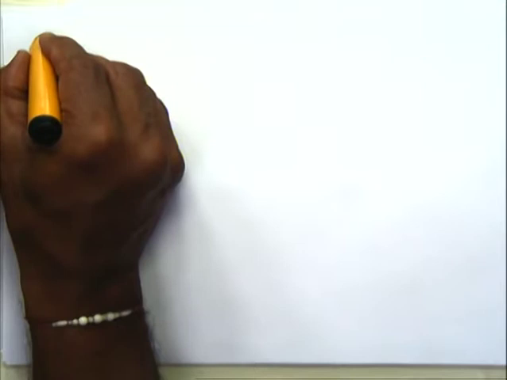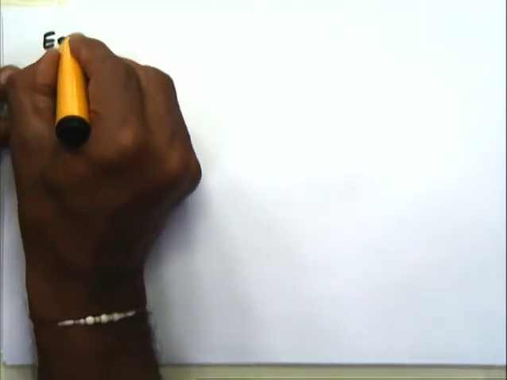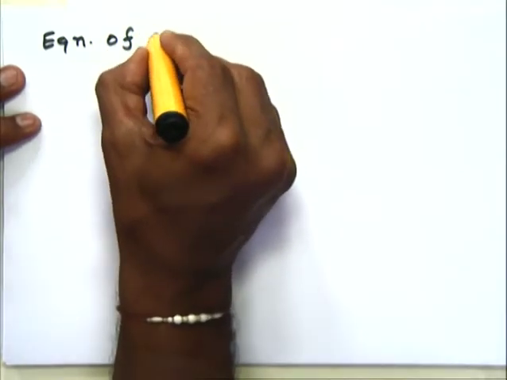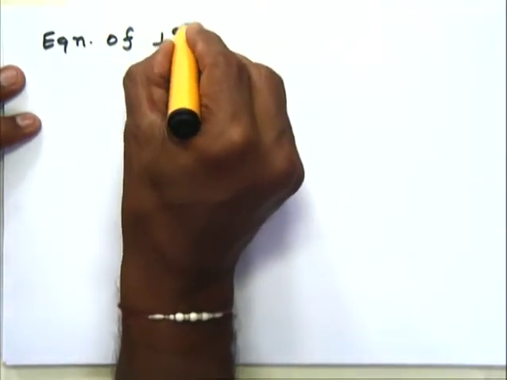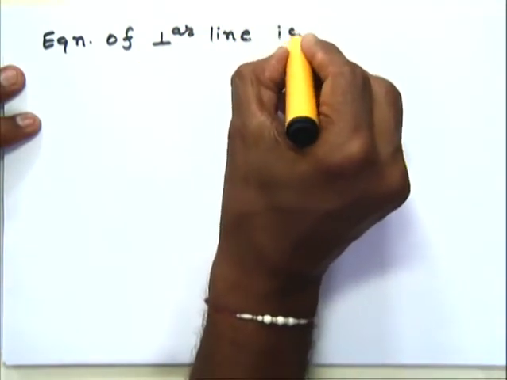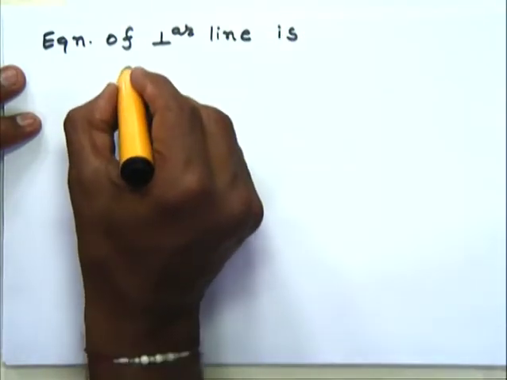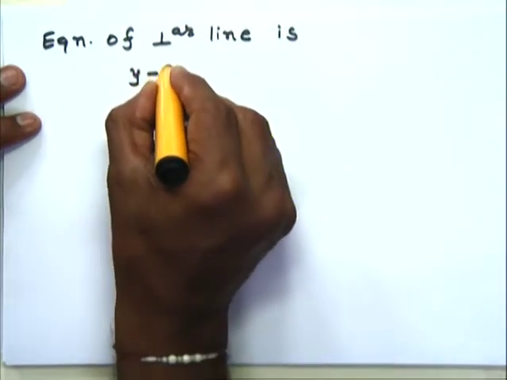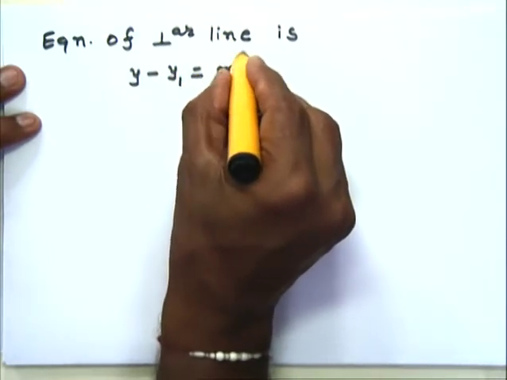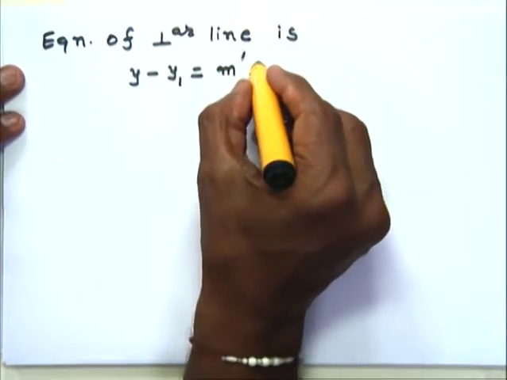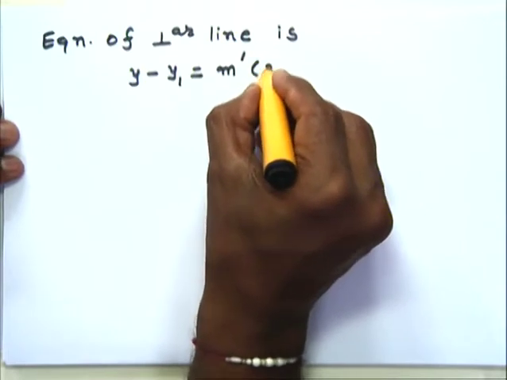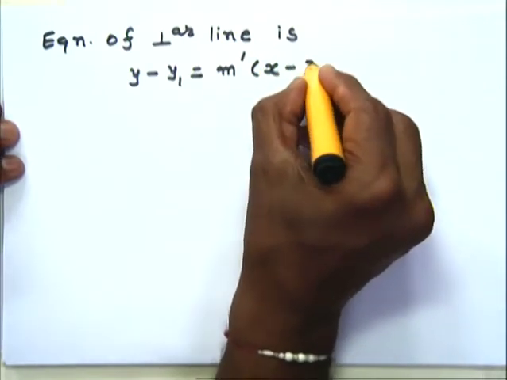Hence, the equation of the perpendicular line is y minus y1 equal to the slope of the perpendicular line, which we just calculated, it was 2 by 3, times x minus x1.